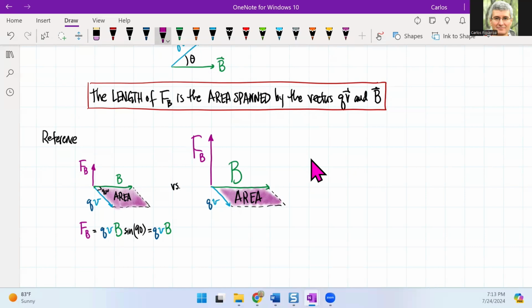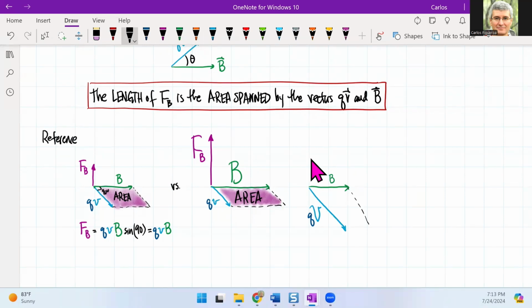And I can repeat this process. What if I go faster? If I go faster, then I imagine that I have an area like this. And if I look at my magnetic field, I could say that if I go faster, then I increase the length of this guy, which then means, assuming that I have my regular magnetic field, I could then come in and look at this area.